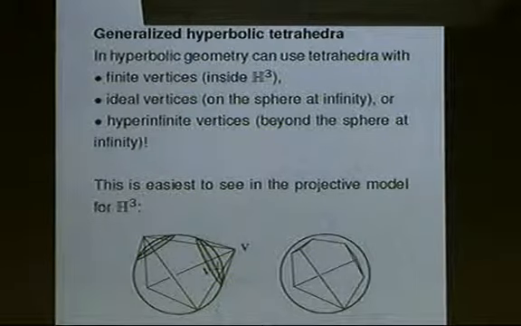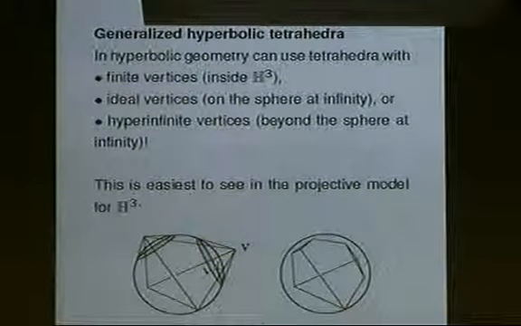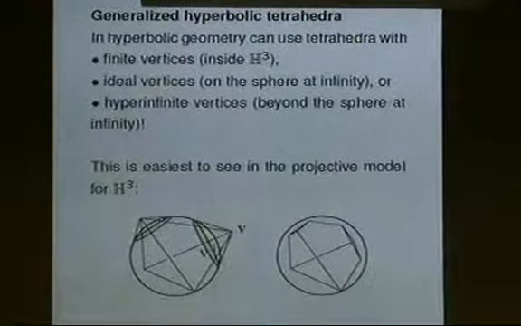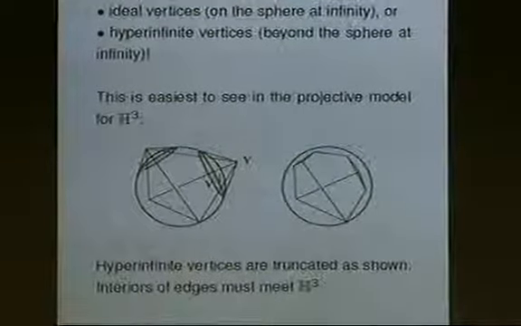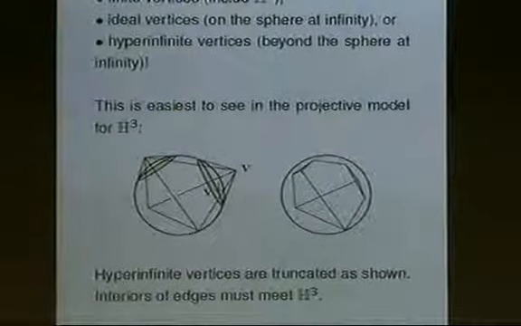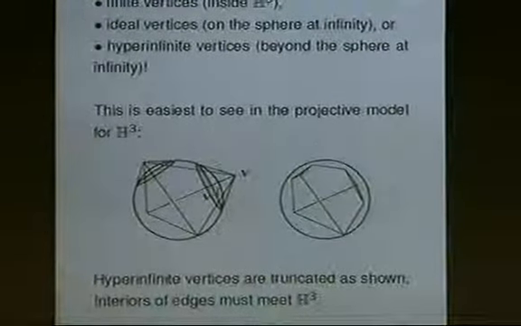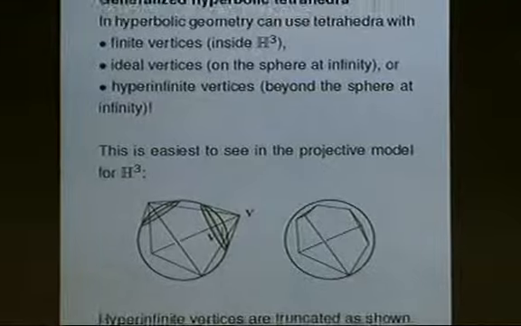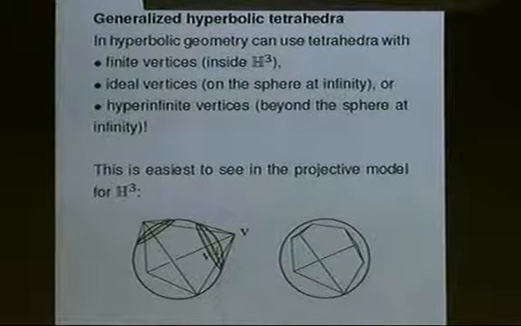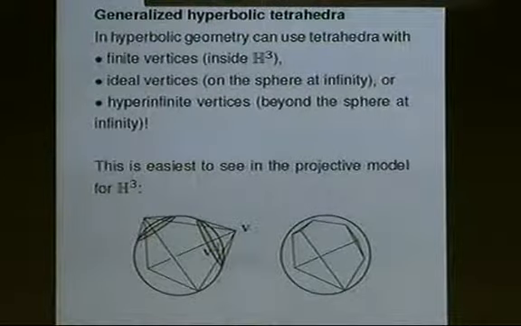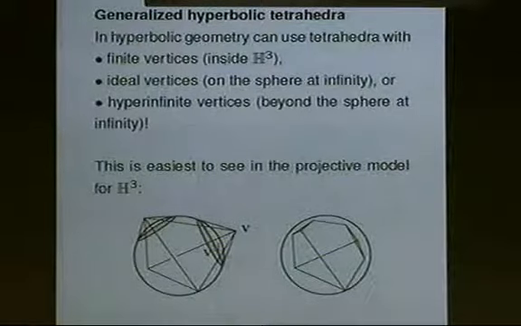So all the vertices are inside hyperbolic space. That's the usual picture, a nice compact tetrahedron. We can also allow ideal vertices. This is the kind of thing we were using for the figure 8 knot complement. We let the vertices move to the sphere at infinity. But you can even go beyond this. You can actually let the vertices move outside the sphere at infinity.